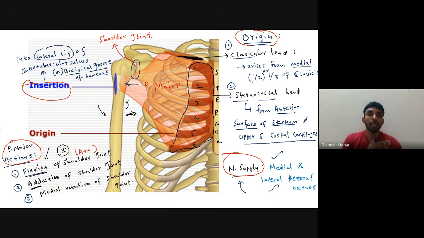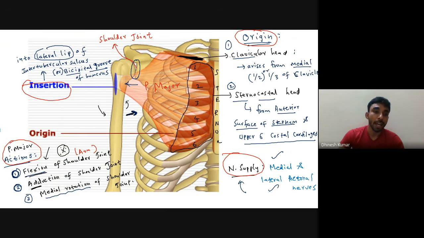Since the muscle crosses the shoulder joint anteriorly, it causes flexion of the shoulder joint. That is the main action: flexion of shoulder joint, otherwise you can say flexion of arm. Then it also causes adduction of the shoulder joint, that means towards the body, and it also causes medial rotation of the shoulder joint.